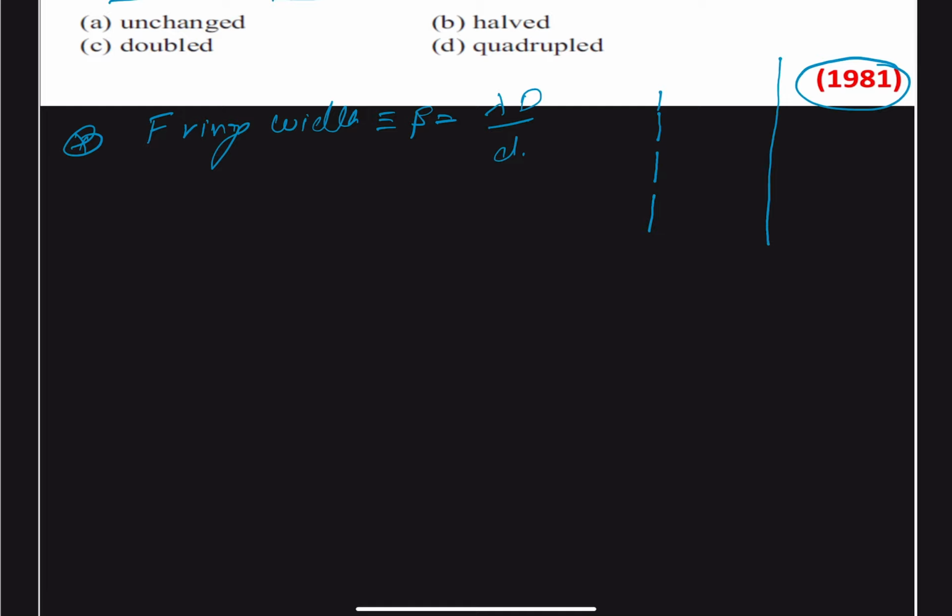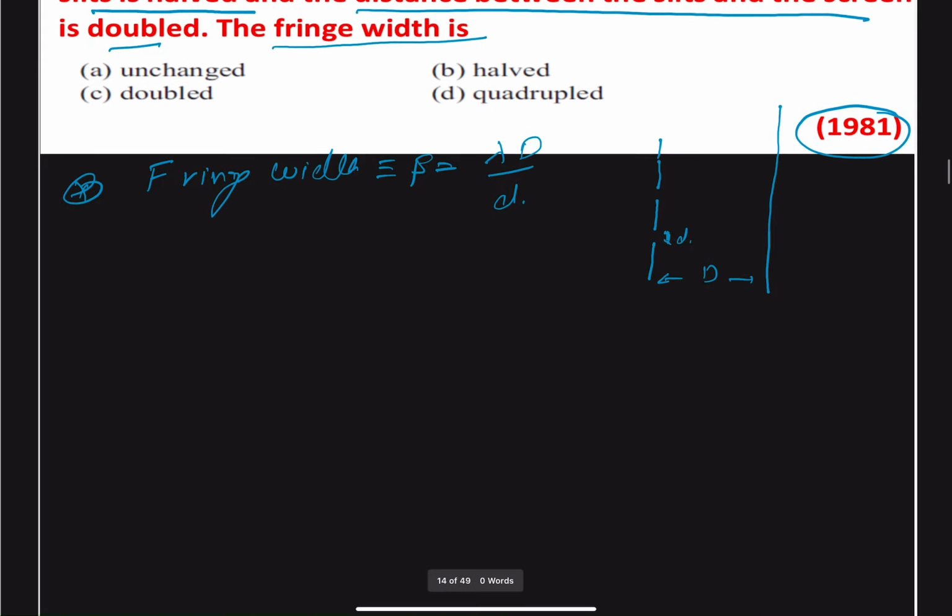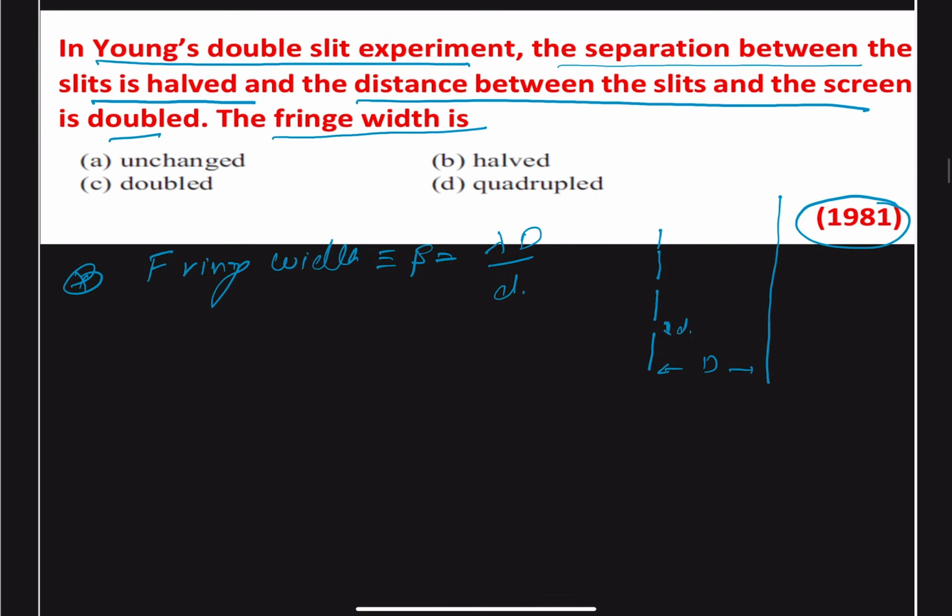So distance between the screen is given as capital D, and this width is our small d. Okay, and lambda is the wavelength of the light used. And it is said that separation in slit is halved and distance between slit and screen is doubled.